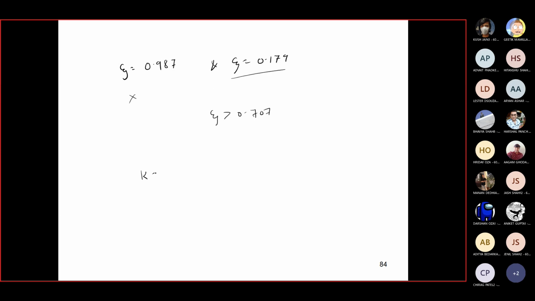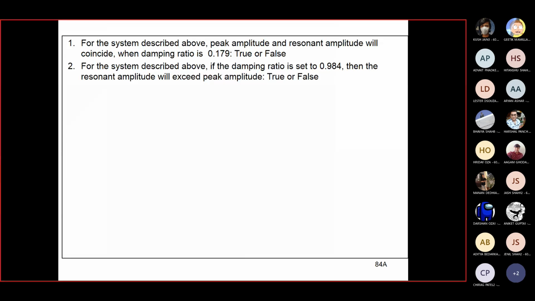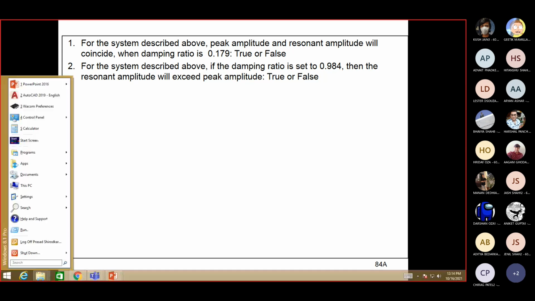So corresponding to this, k is equal to 5.54 into 10 raised to 6. We end the lecture.